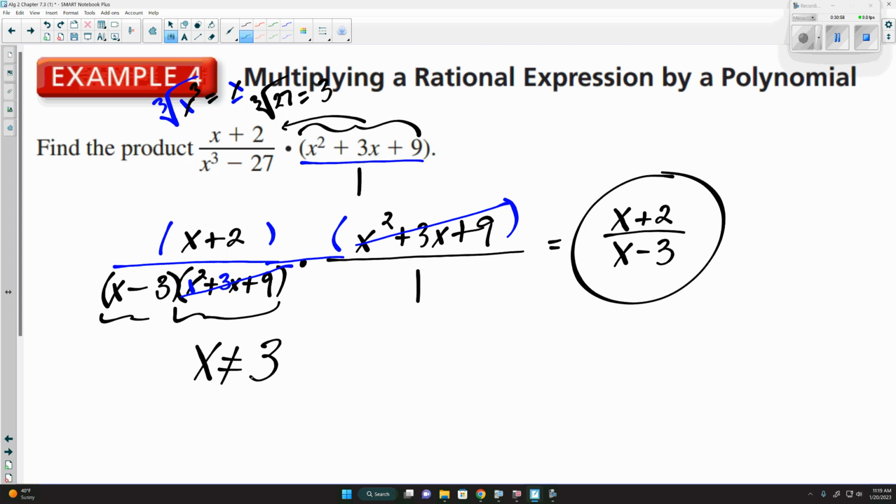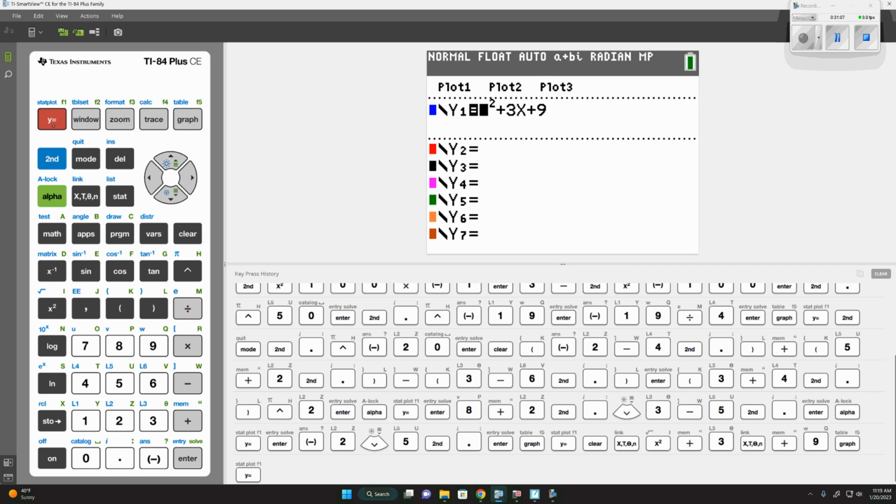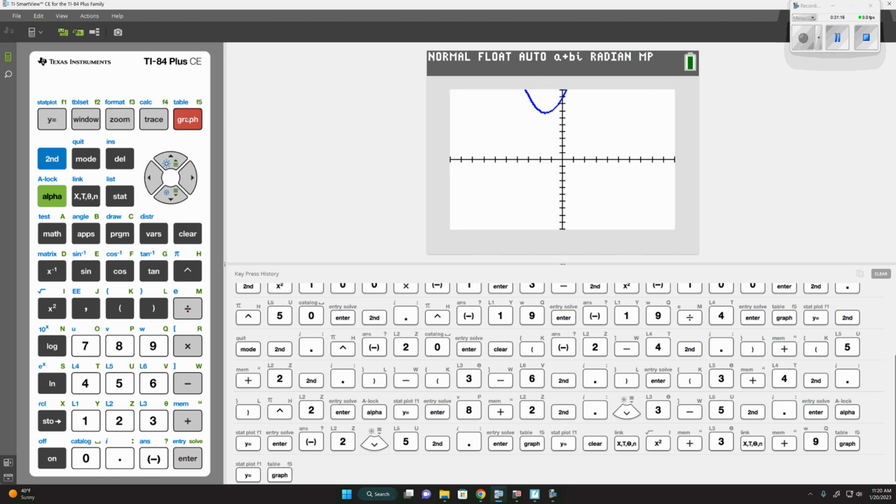Now, the other one we need to make sure to find values of x that would make it 0 is the x squared plus 3x plus 9. I typed it in here for us, x squared plus 3x plus 9. So we're trying to see what value of x will make it be 0, where it crosses the x-axis. Well, the blue line is that graph. Does it come anywhere near the x-axis?